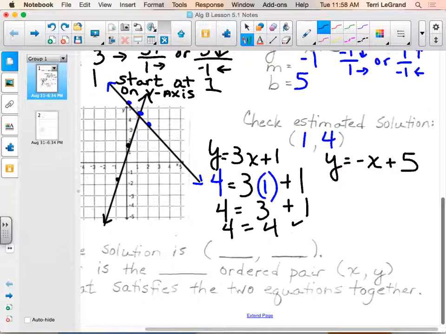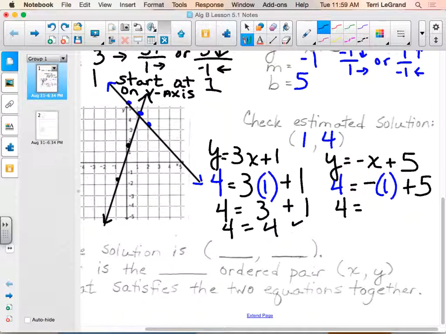So now I go and do the same thing. I put a 4 in where the y is. That negative sign is not part of the x. I put a 1 in for the x. And I simplify. 4 can't be simplified.